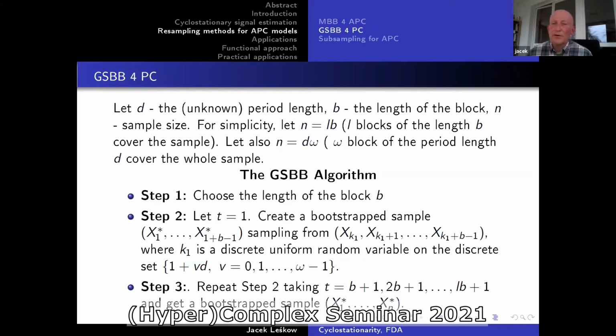But from the point of view of calculation, especially when we know what the period is, let's make an assumption that we work with periodically correlated time series. Then we have a procedure which works slightly differently. It is a variation on the previous method, which is the generalized seasonal moving block bootstrap for periodically correlated time series, where we assume that the time series is periodic.